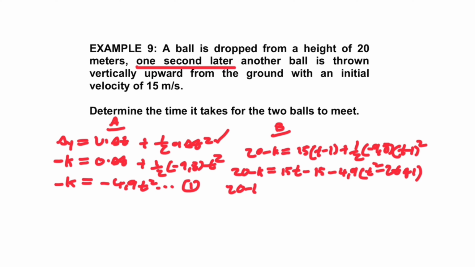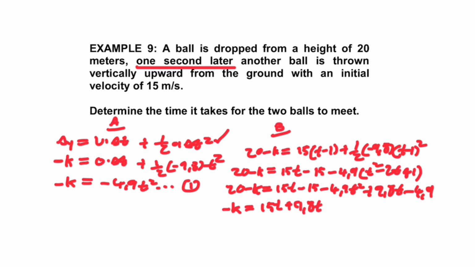So 20 minus k is equal to 15t minus 15 minus 4.9 t squared plus 9.8t minus 4.9. So minus k will be equal to 15t plus 9.8t minus 15 minus 4.9 minus 20. We're taking this from the left hand side to the right hand side. And lastly, minus 4.9 t squared.